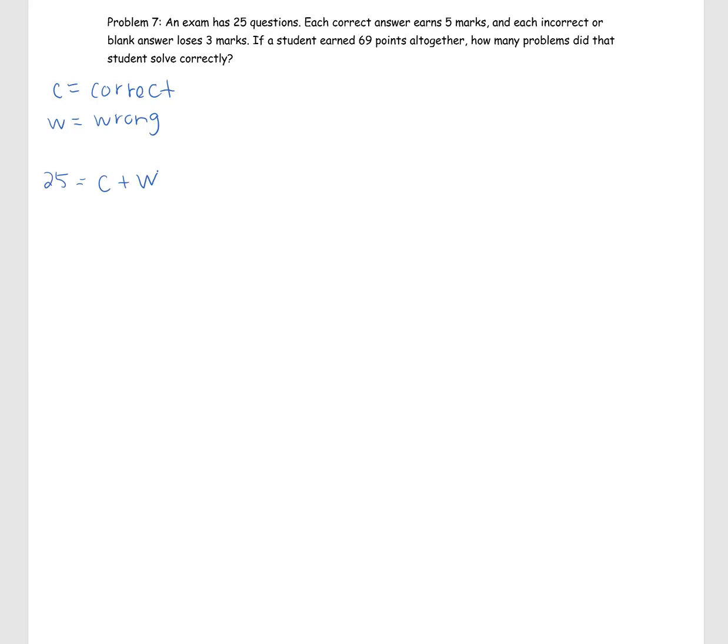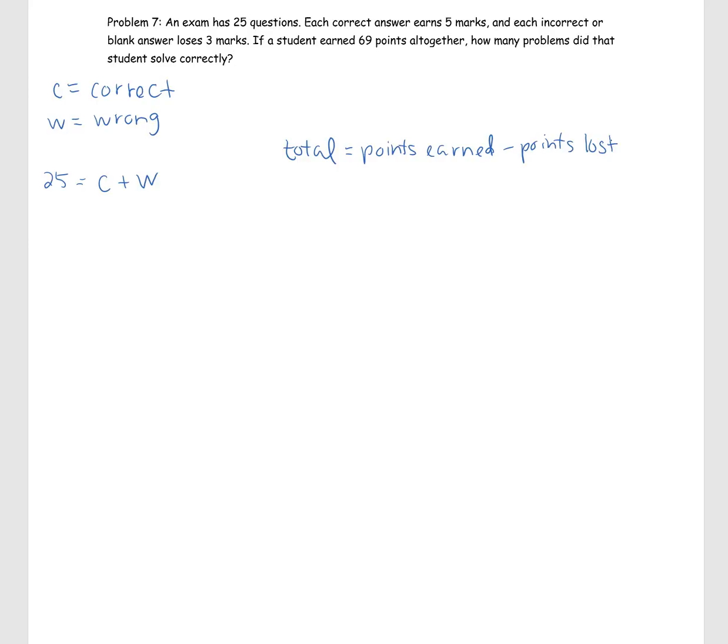And we can come up with another equation for the number of points earned. So we know that the total that the student gets on the exam is equal to the points earned from right answers minus the points lost for incorrect or blank answers, because that actually subtracts from the total mark.